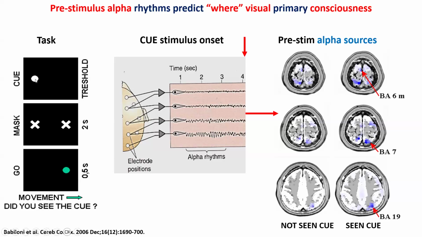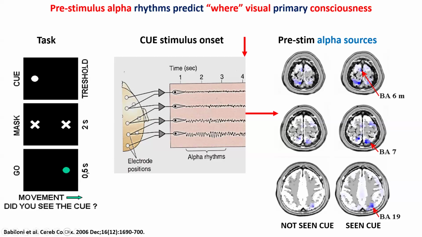The duration of this visual spatial stimulus was calibrated at the individual level at the so-called visual sensory threshold, so that the participant could be conscious of the left or right presentation of the cue in only 50% of the trials.